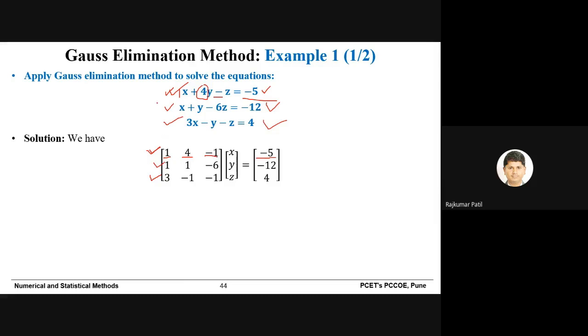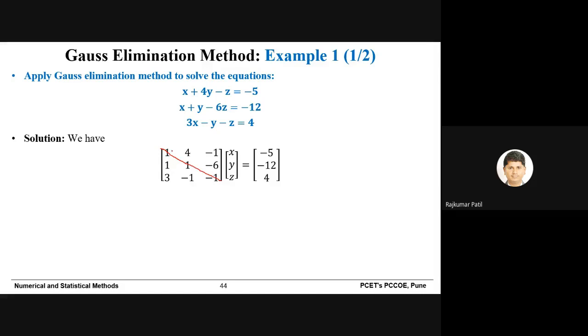So this is how you can convert the equations into matrix form, because generally students are very comfortable with matrix operations and they can easily solve this particular problem. And again, the process is the same. First of all, check whether the diagonal elements are 0 or not.